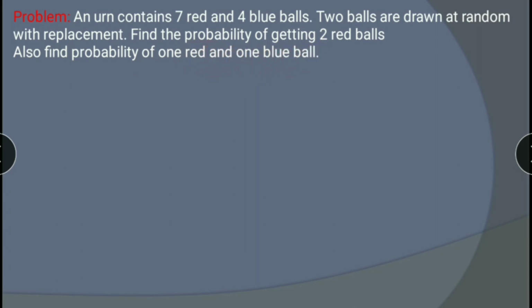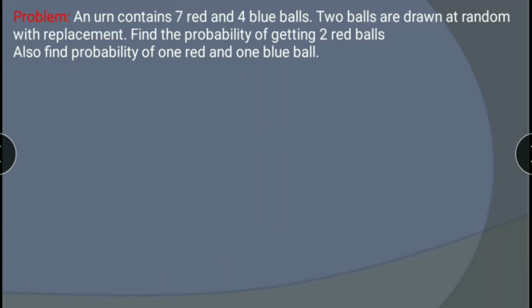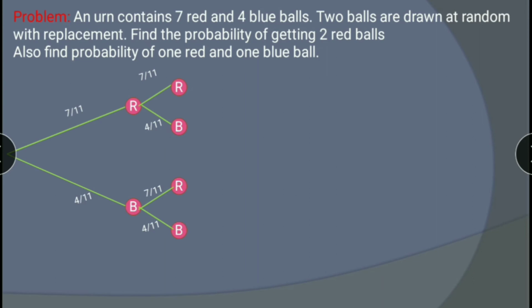So we have an urn with 7 red and 4 blue balls. In total we have 11 balls. We are taking out the ball in 2 draws. In the first draw, it can happen that a red ball comes out or a blue ball comes out. The probability of red ball will be 7 upon 11 and probability of blue ball will be 4 upon 11.